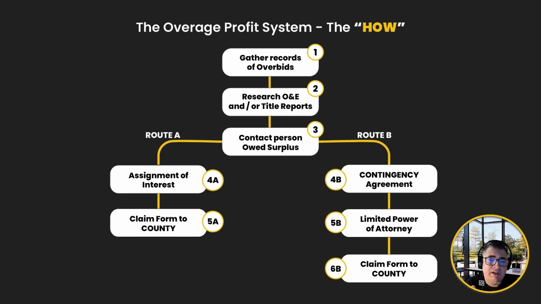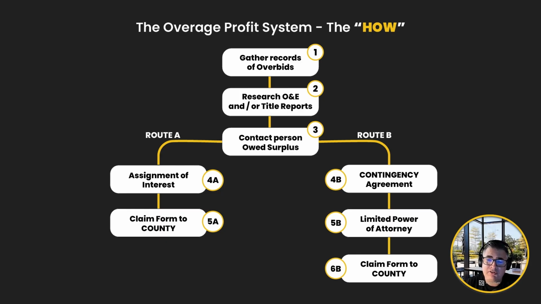And in some cases, other forms, for example, if you have a deceased owner, there may be a probate document that is needed. Again, you always want to look at the county's website, the tax collector's website, or whoever's the foreclosing authority's website, and see what documents are actually accepted to file a claim.